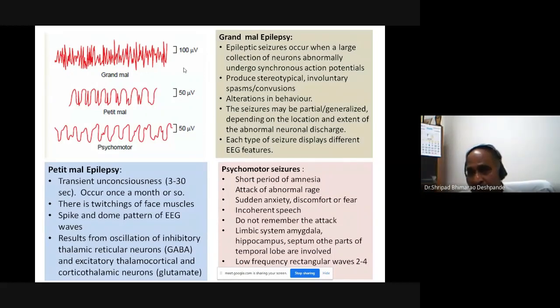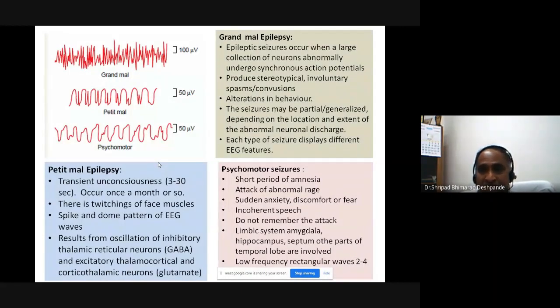Try to remember. Now we have another epilepsy, called petit mal epilepsy. Petit mal epilepsy is a transient loss of consciousness. A friend of yours may be sitting there, and suddenly you are talking to him and he does not respond to you, and he is not caring about you, and again he comes back to normal.